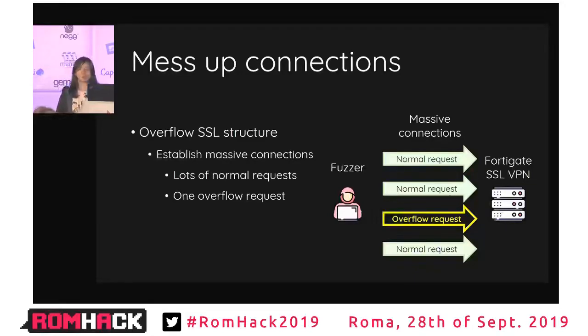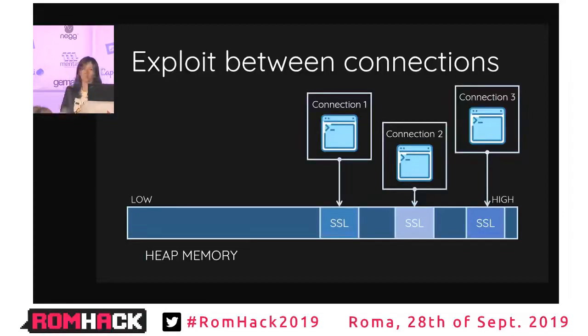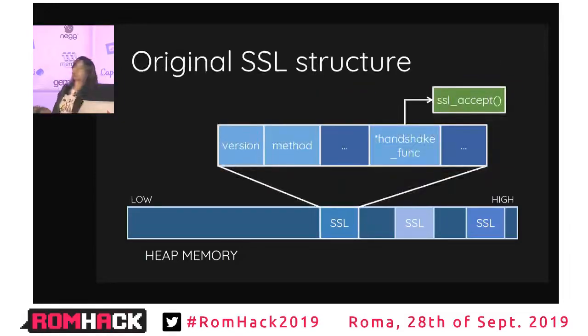So we send lots of normal requests, and attack the server with an overflow request in the meantime. For example, here we build 3 connections. So the program allocates 3 SSL structures on the heap. And the SSL structure is like this. Some basic information and a function table.